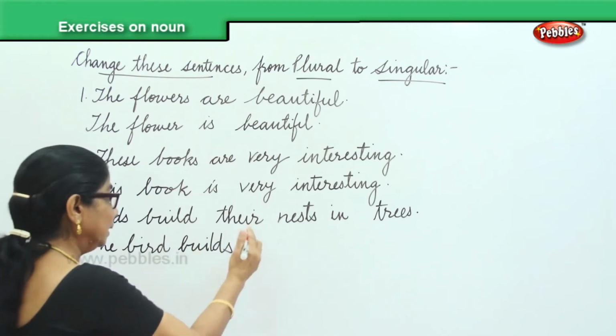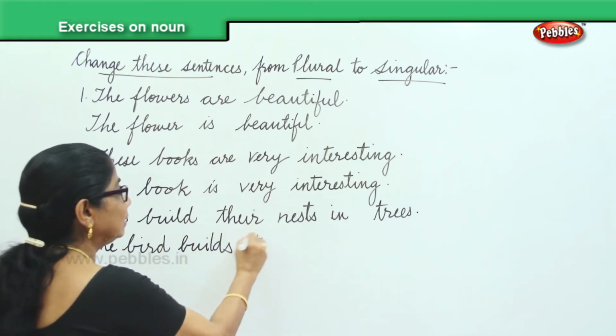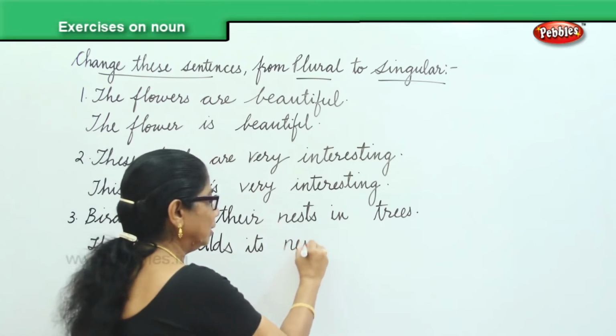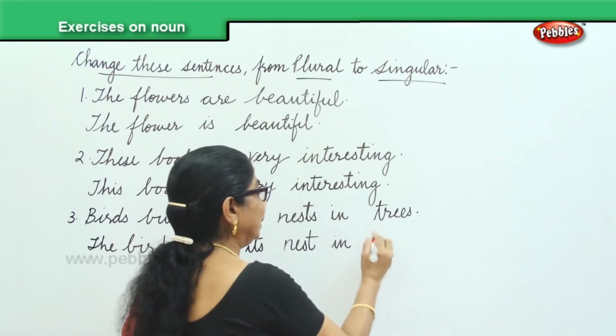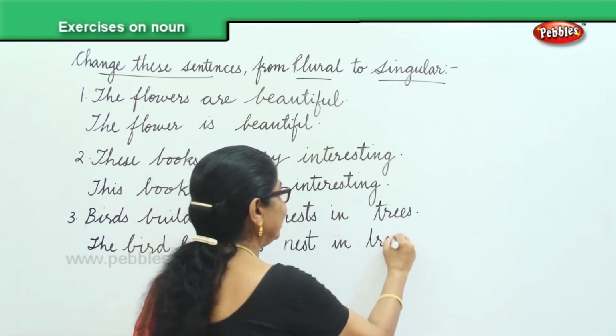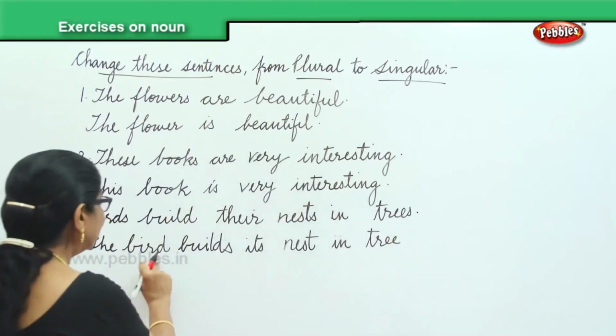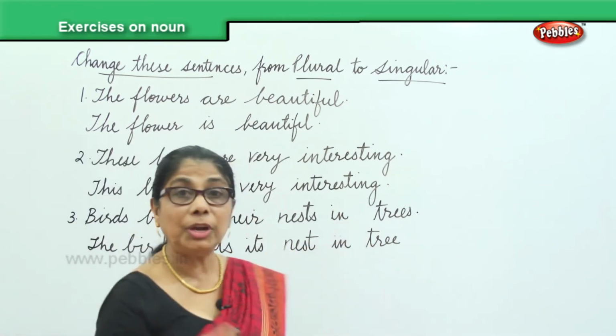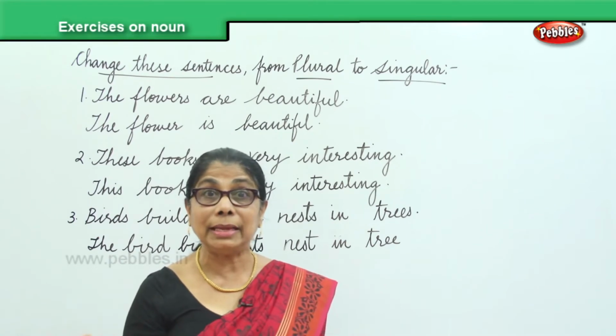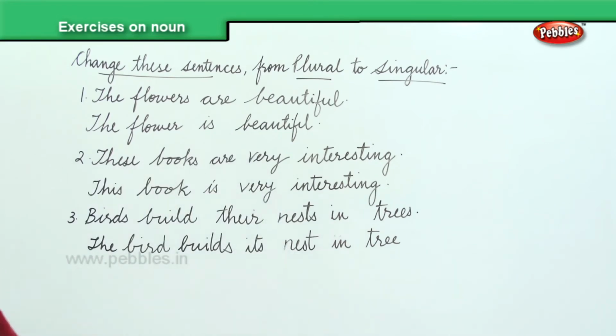The bird builds its nest, singular, in, again one tree, one bird, so one tree. So you will say the bird builds its nest in a tree, because one tree, one bird.